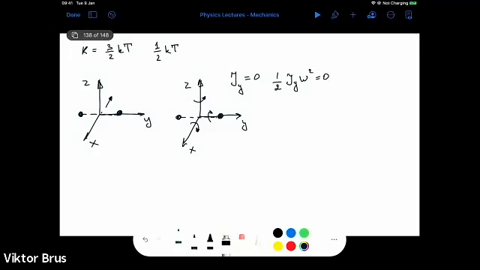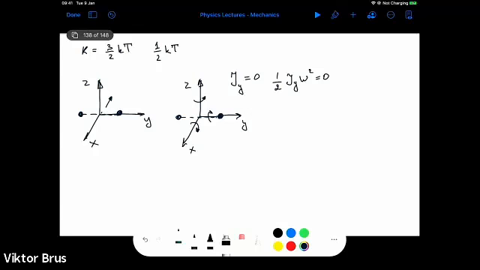So this specific rotation will not contribute to total kinetic energy. However, it will not be true for rotations about axis x and about axis z. So they will contribute to the total kinetic energy.